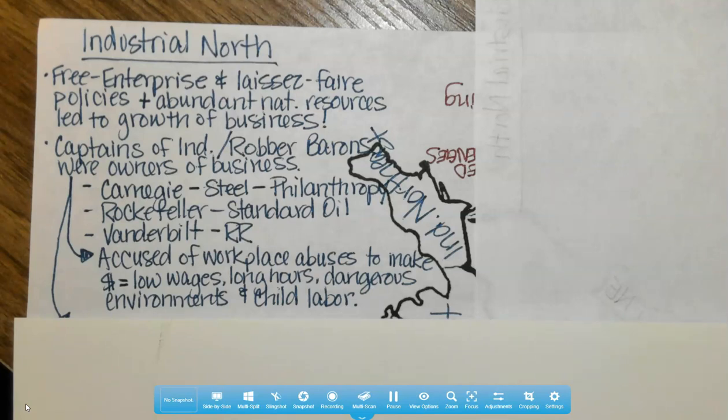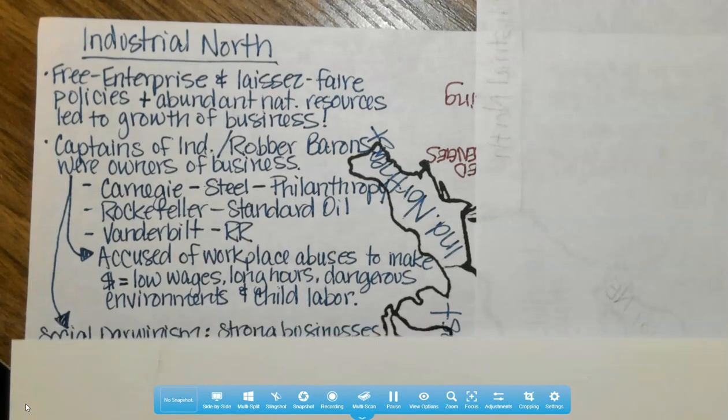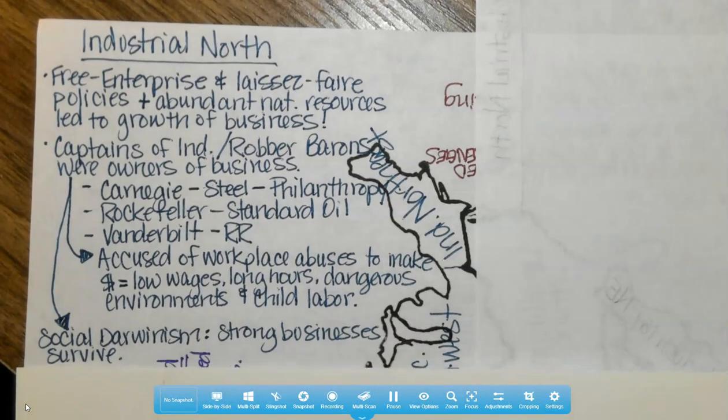They paid very low wages. There were long hours, dangerous environments, and until the law was passed, they used child labor. Why? Because they could hire women and children and pay them a fraction of what they would have to pay a man.